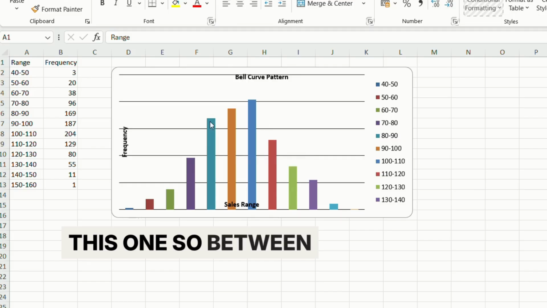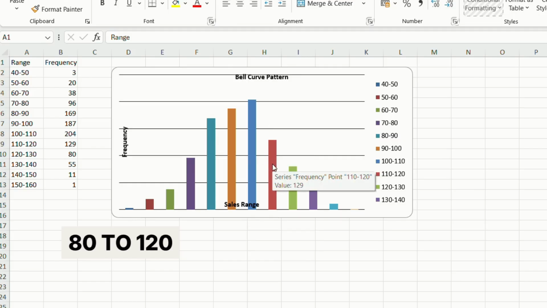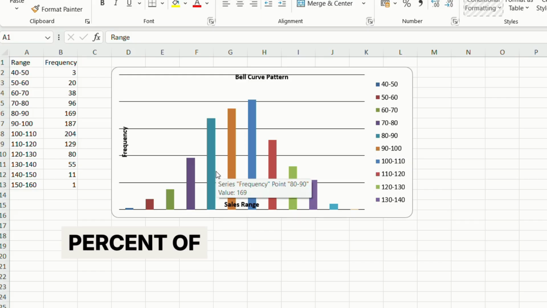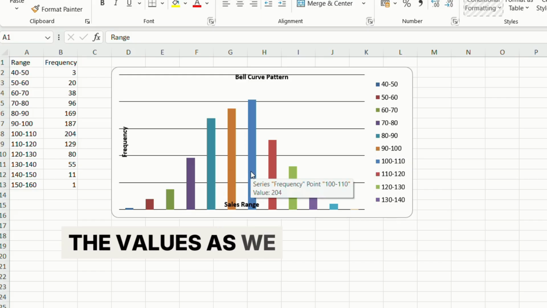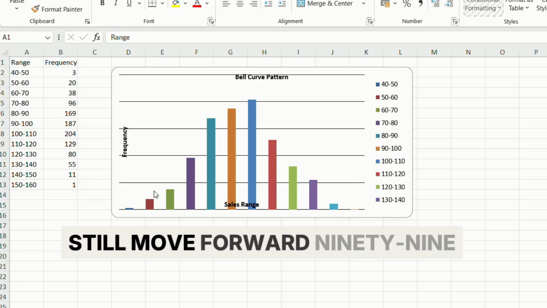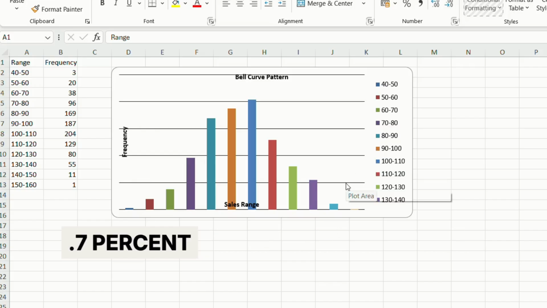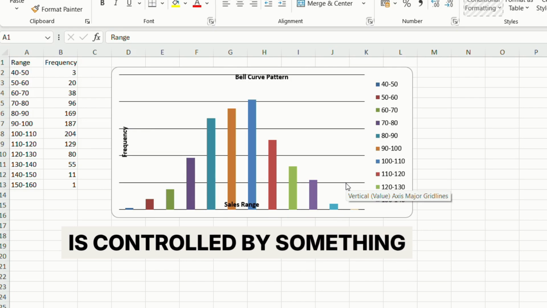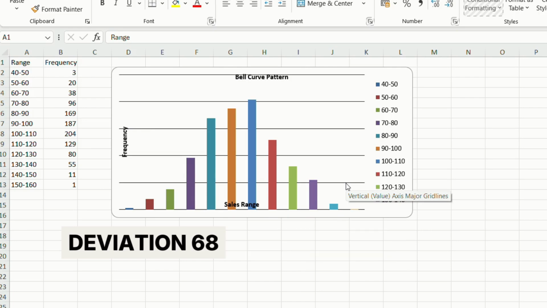So between 80 and 120 is the 68% of the values. As we move further, 95% of the values, then 99.7% of the values.